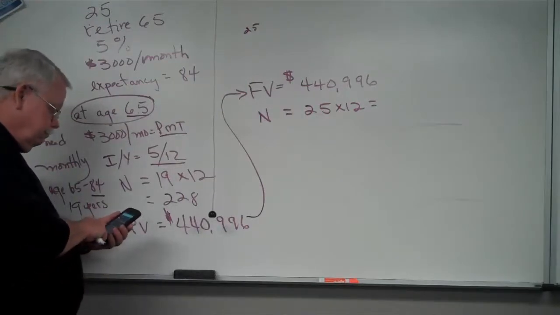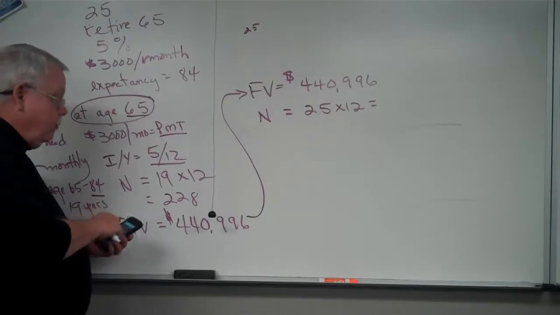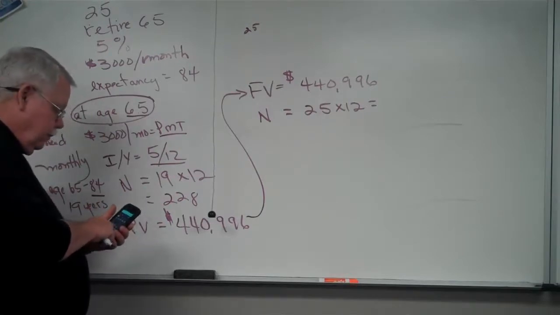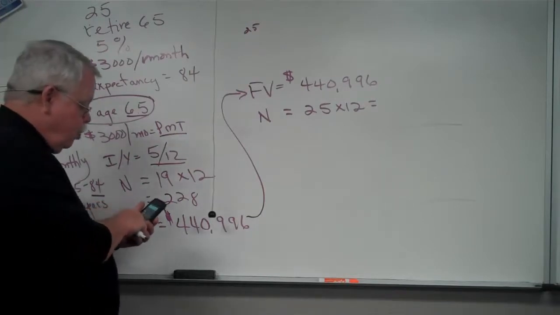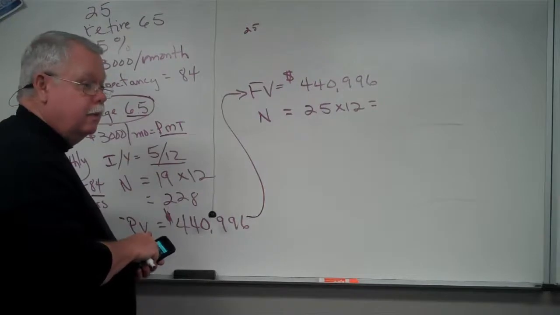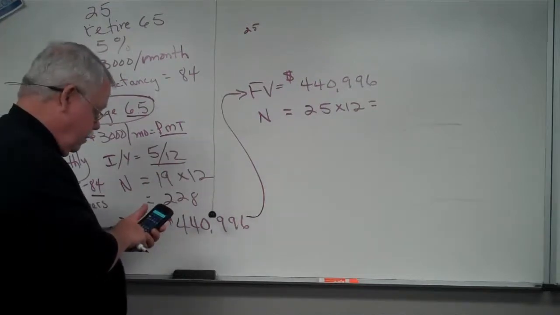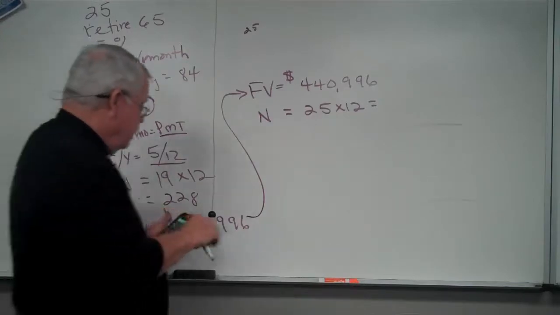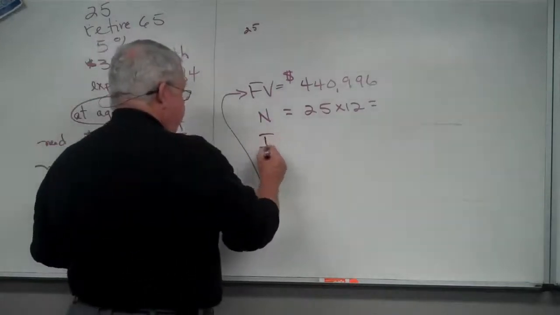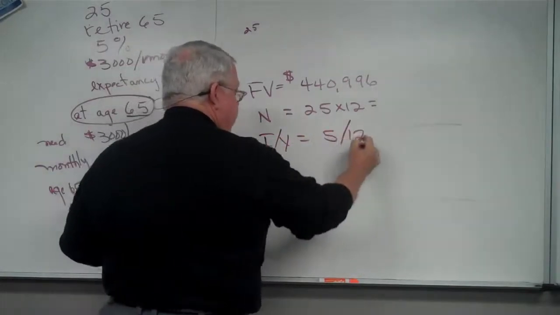So, still rounding a little bit, I'm going to put in 449.96 negative. That's going to be my future value. 25 times 12 is 300. That's going to be my N. My interest rate is still the same, 5% per year, but we're doing it every month.